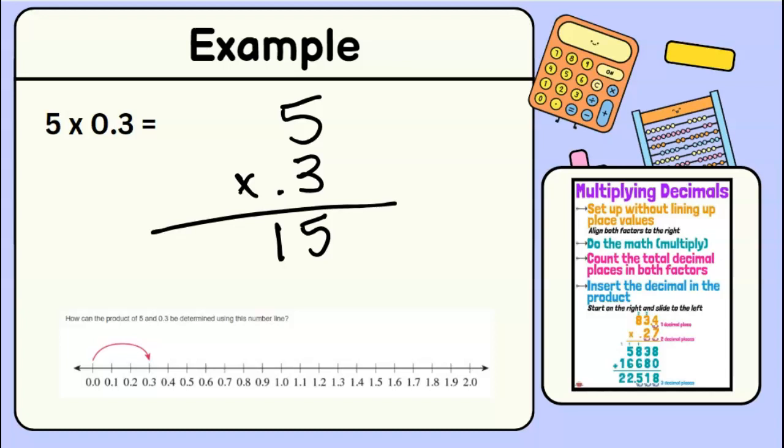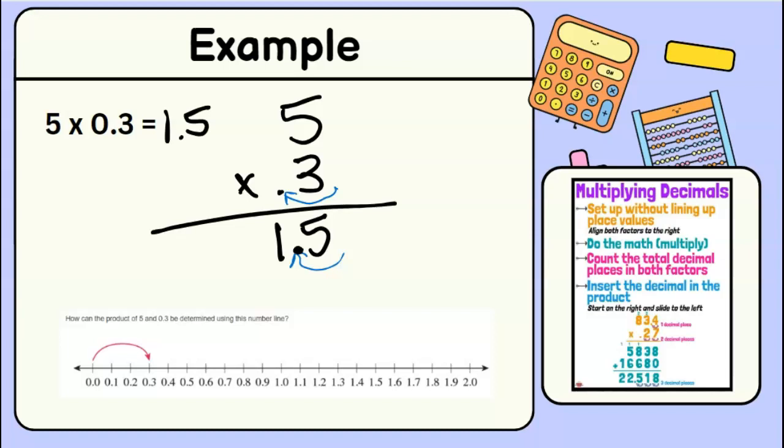Next, I'm going to count how many place values over my decimal is. 1 place value. So that means that the decimal point in my answer is going to be 1 place value over, and that is where I'm going to put my decimal. So 5 times 0.3 is equal to 1.5.